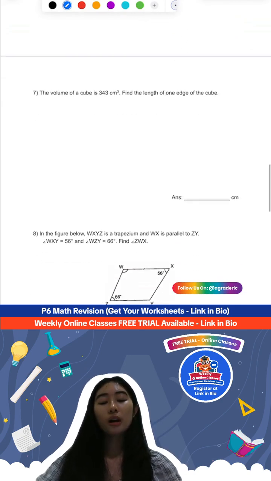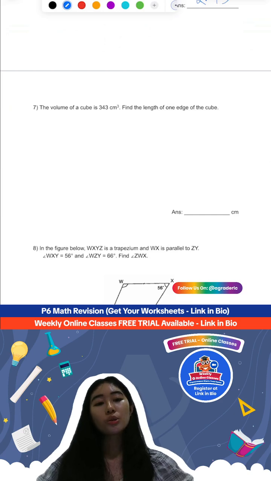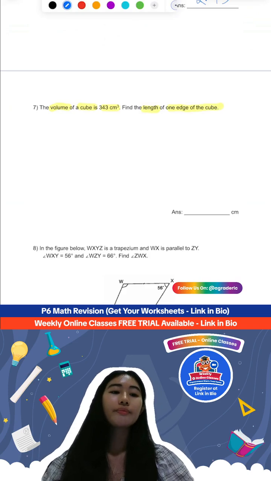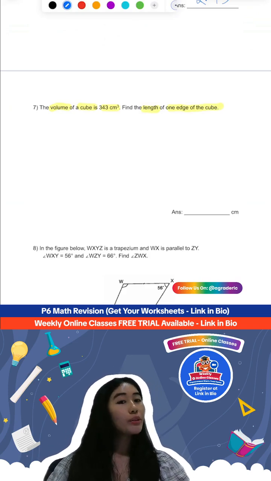This question is on volume. You are given the volume of a cube. The volume of a cube is 343 cm cube. Find the length of one side of this. Let me know your answers in the chat.